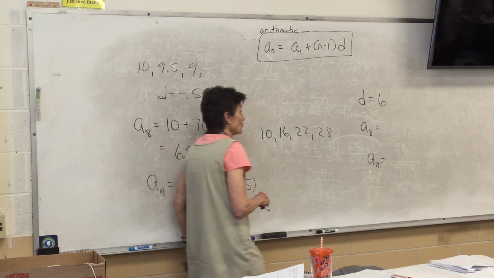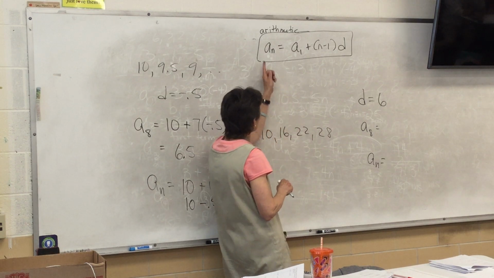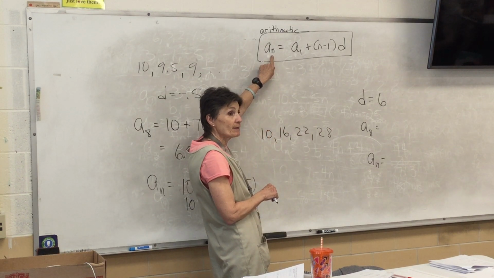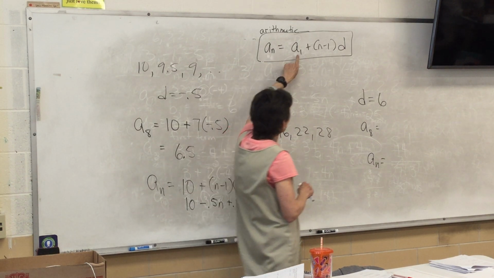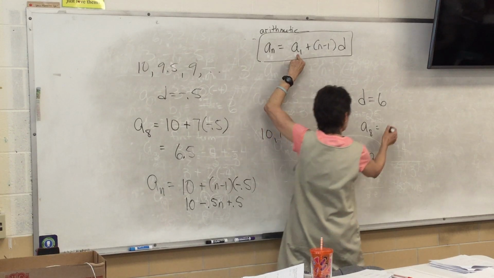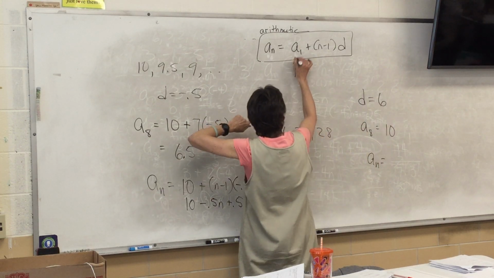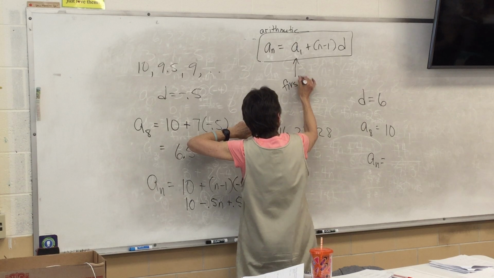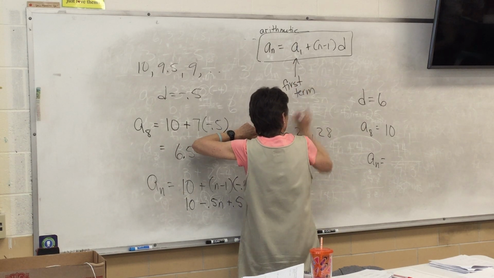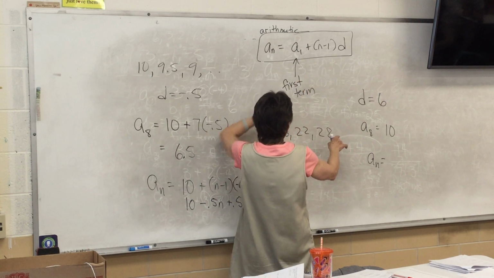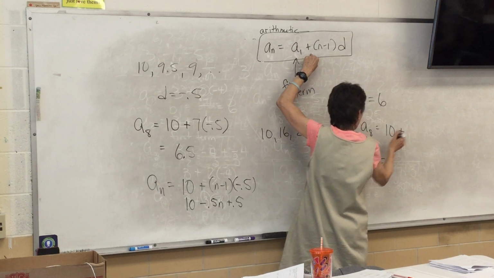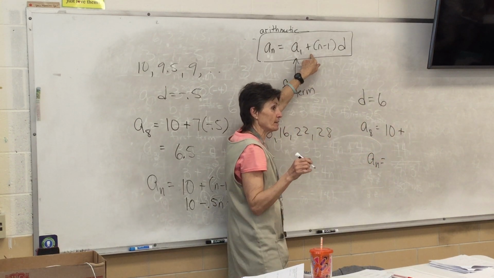What did the 8th term look like for you? Well, let's go back. We're going to let n be 8. So the first term is 10. Remember, a sub 1 is the first term, always. So we're going to start with 10. And then we're going to add n minus 1.